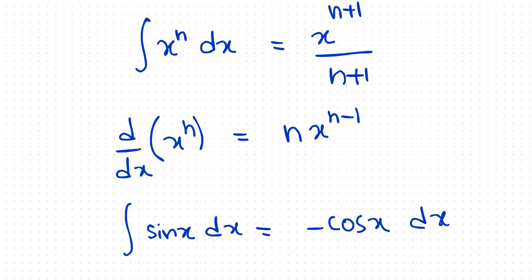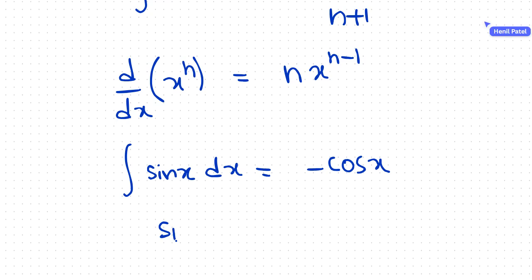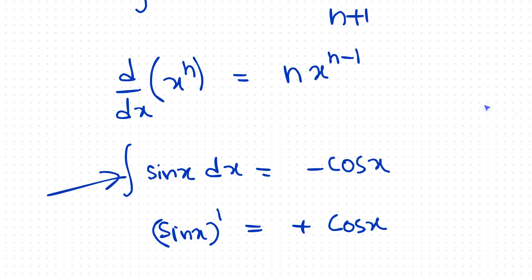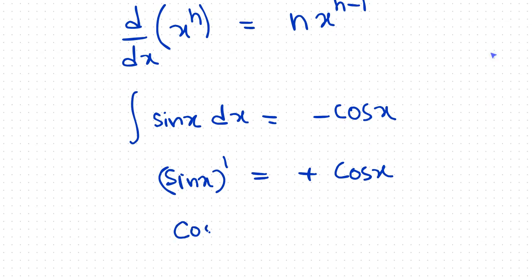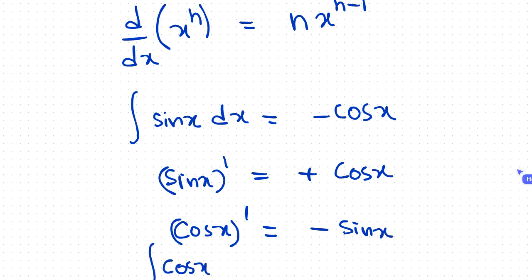In differentiation, the differentiation of sin x was plus cos x, but the integration of sin x is minus cos x. And cos x differentiation was minus sin x, but cos x integration will be plus sin x.